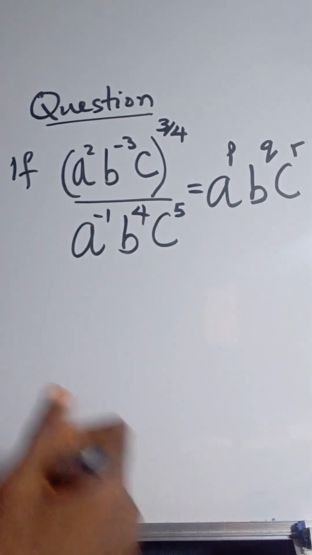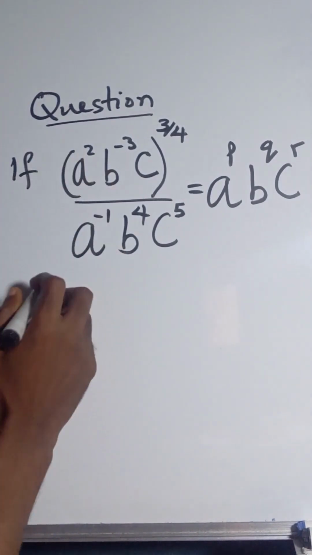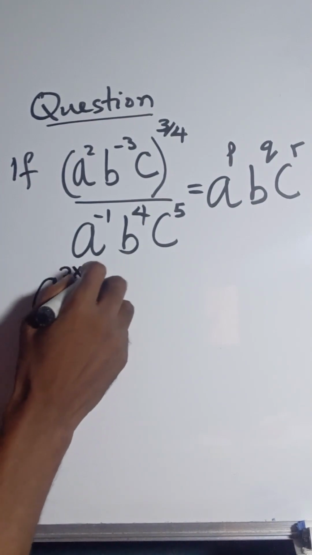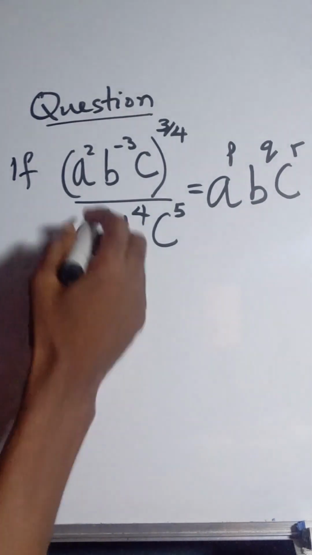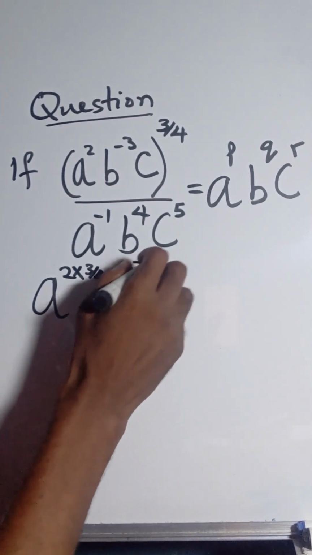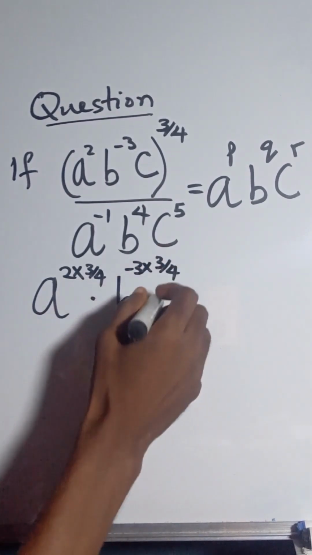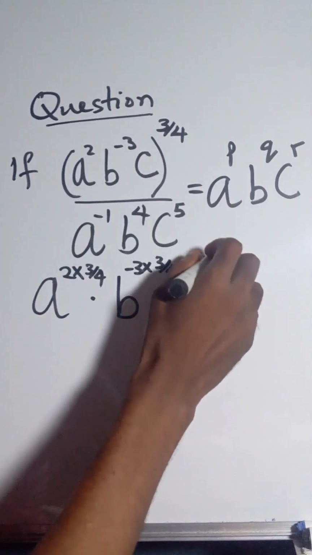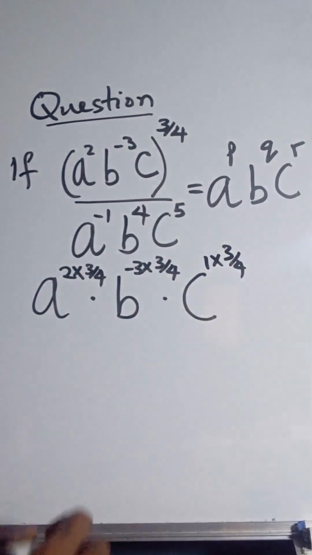So applying it, we have a raised to power 2 times 3 over 4, multiplied by b raised to power minus 3 times 3 over 4, times c. C has a power of 1, so 1 times 3 over 4.